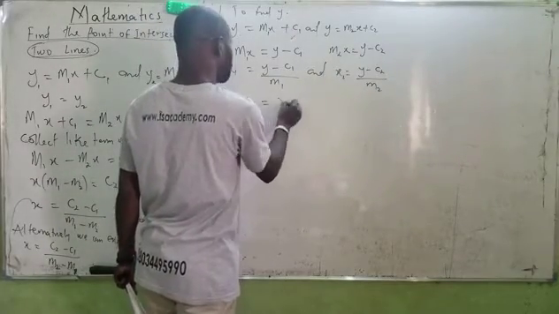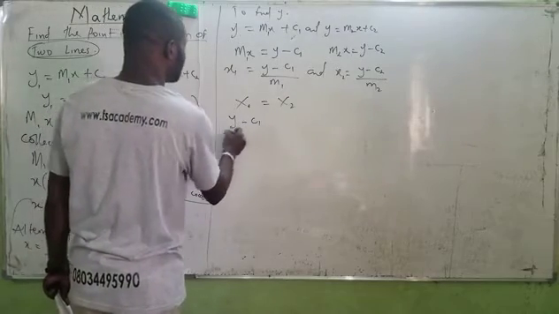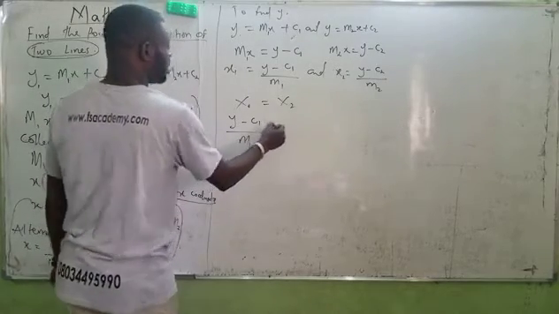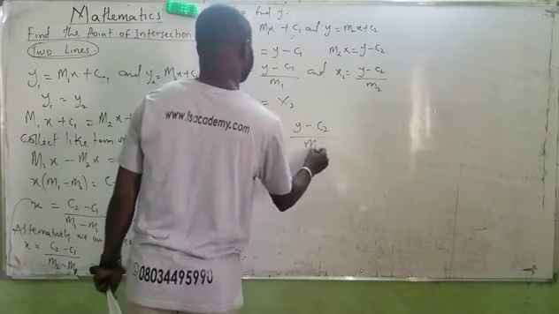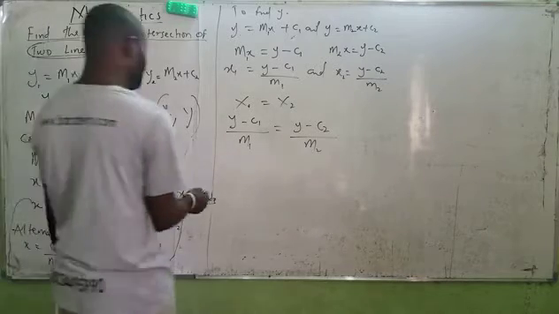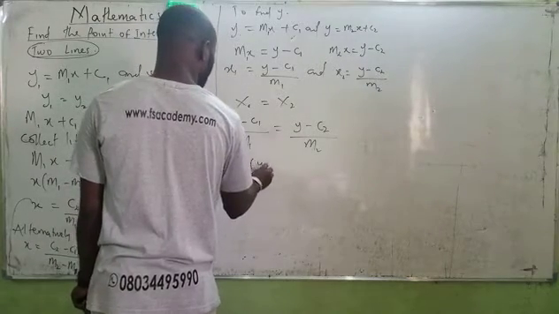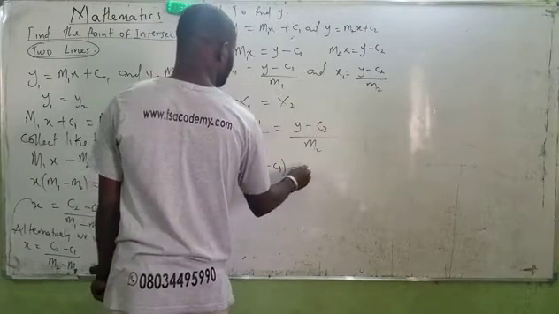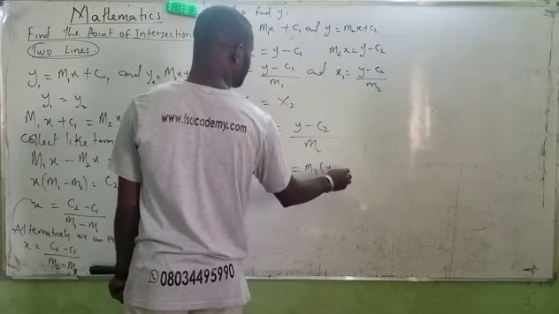x1 equals x2. By so doing, y minus c1 divided by m1 equals y minus c2 divided by m2. Can you see? Now I can say that m2 bracket of y minus c1 equals m1 bracket of y minus c2.